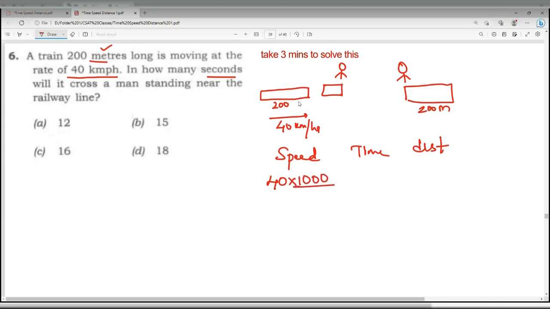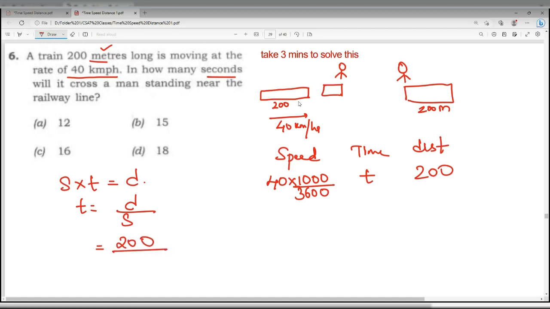That is 40 into 1000 meters, and then per second it is 3600. Time we need to find out. Distance is 200 meters. We know speed into time is equal to distance, so time is equal to distance divided by speed.